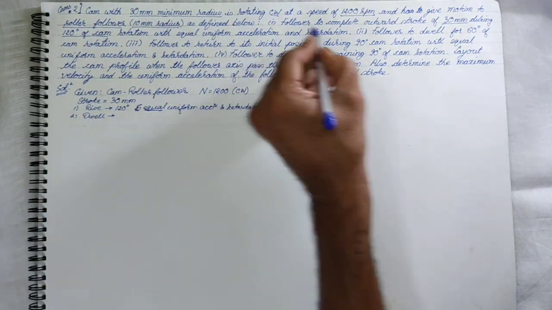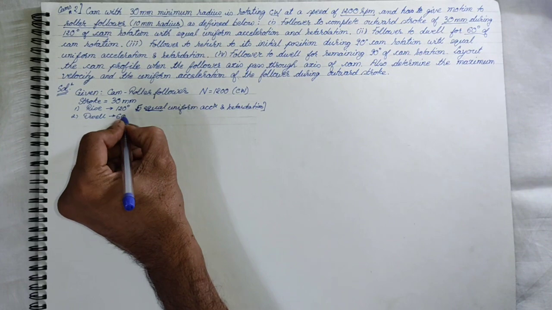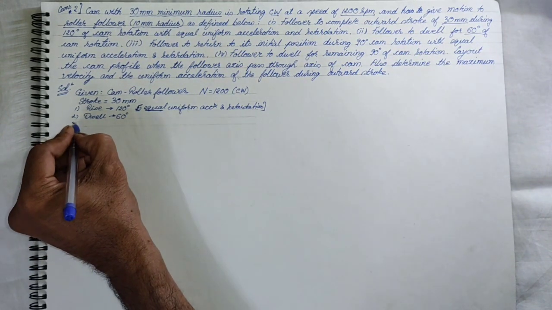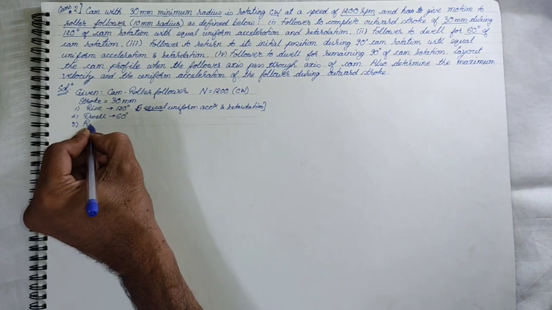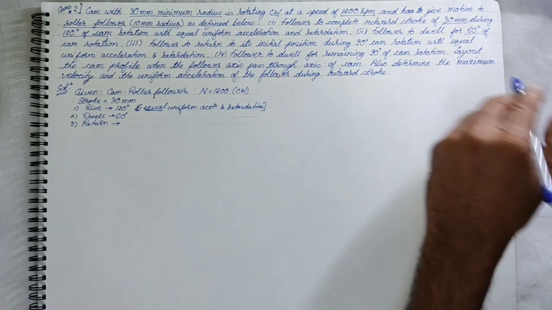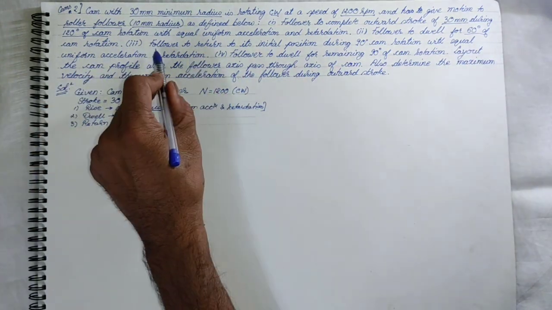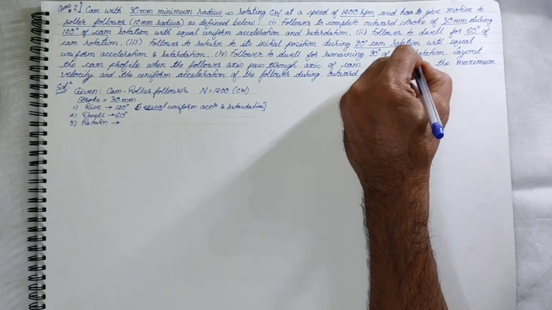The follower is to dwell for 60 degrees. Then third, it has the inward stroke or the return stroke. The follower is to return to its initial position during again 90 degrees of cam rotation.